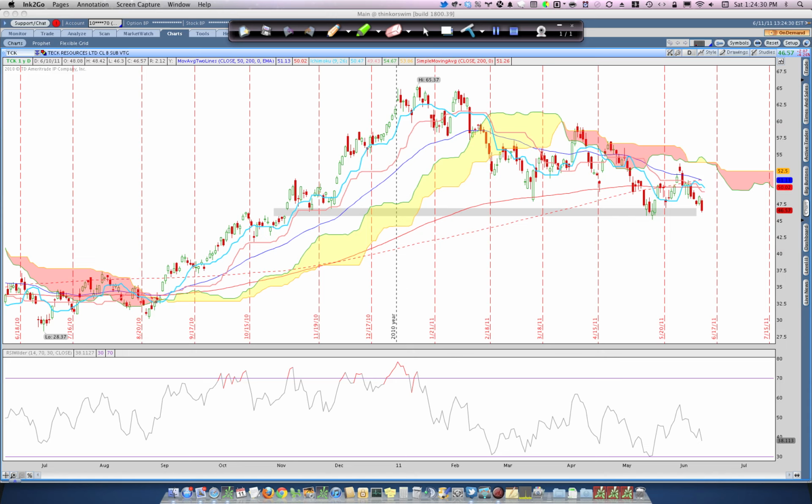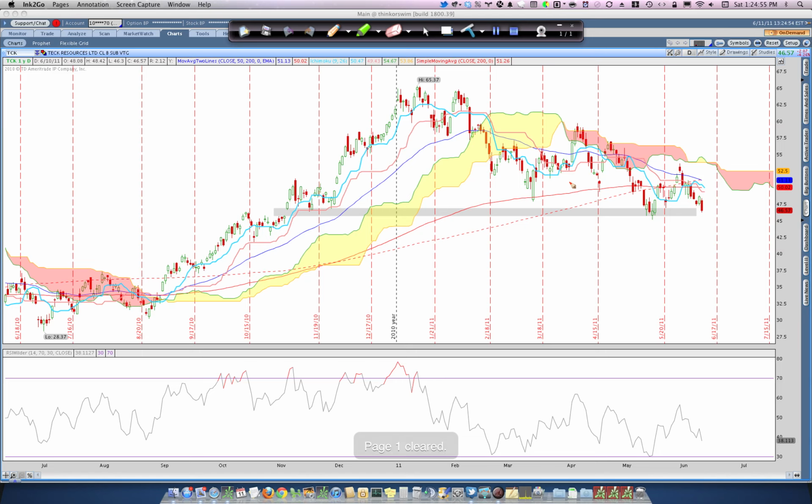Crosses of these two averages are considered bearish or bullish in relation to where they happen in relation to the cloud. So if price is above the cloud and the cross occurs above the cloud, that is a bullish signal.